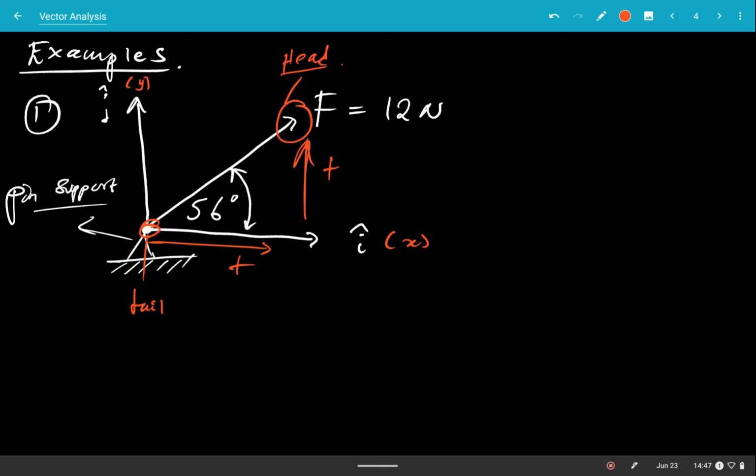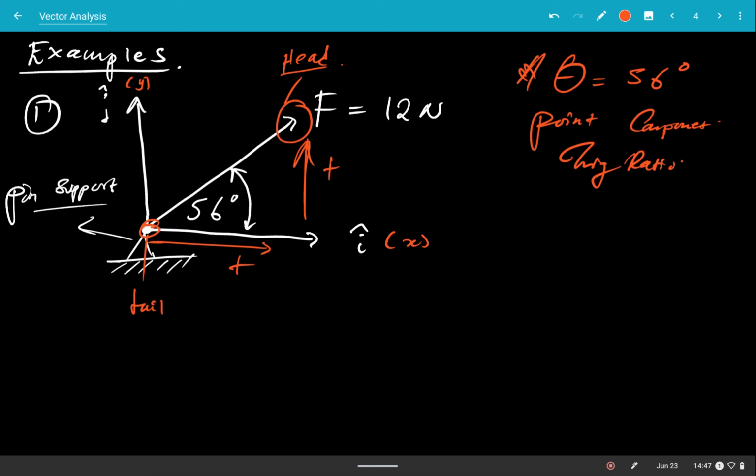Now, one thing you should know is that the angle you have, which in this case is 56 degrees, will always point in the component that will have what? The trig ratio, which is what? Sine. Therefore, wherever the angle points, that's where you will have your sine theta. Let's be mindful about that.